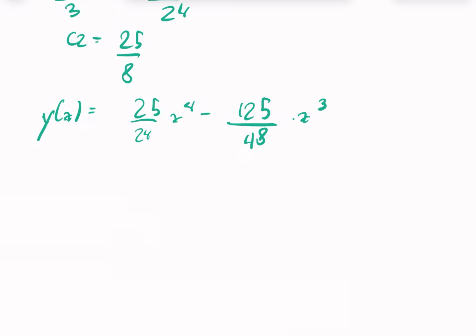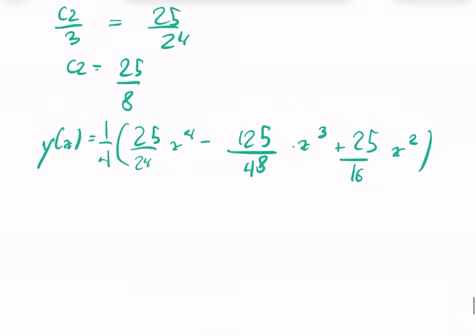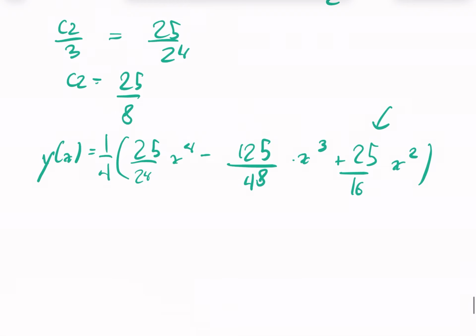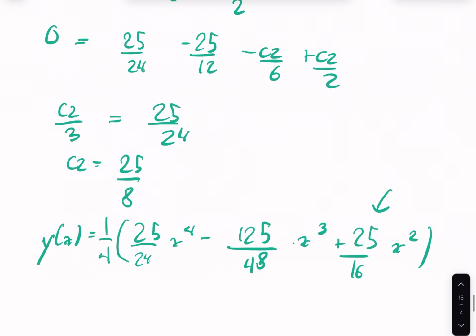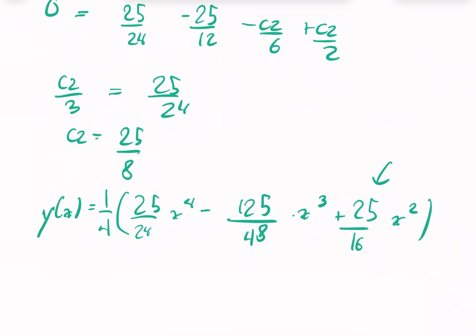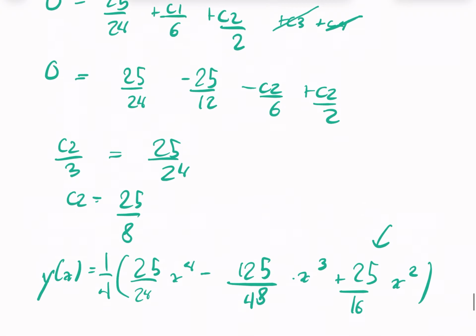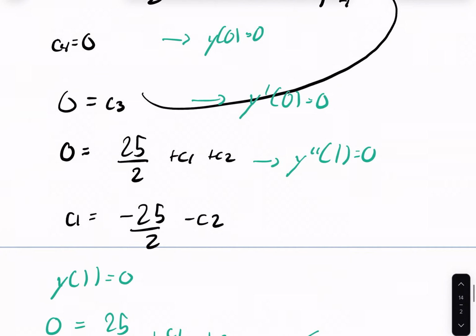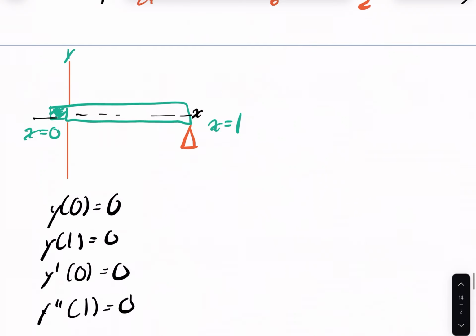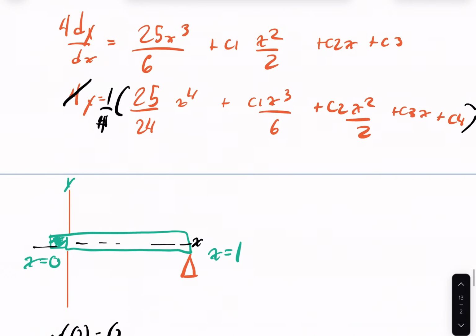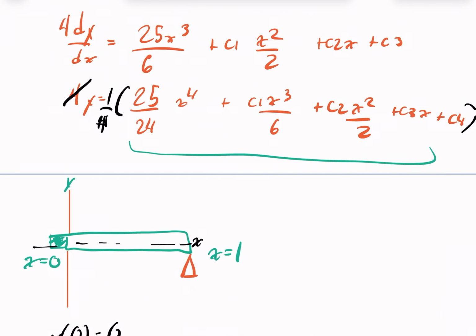And now finally, we get y at x equals 25/24 x⁴ minus 125/48 x³ plus 25/16 x², times 1/4. And you might be wondering, where did we get this one? So we solved for C2, so we got 25/8, and then we're just plugging it into the initial equation.